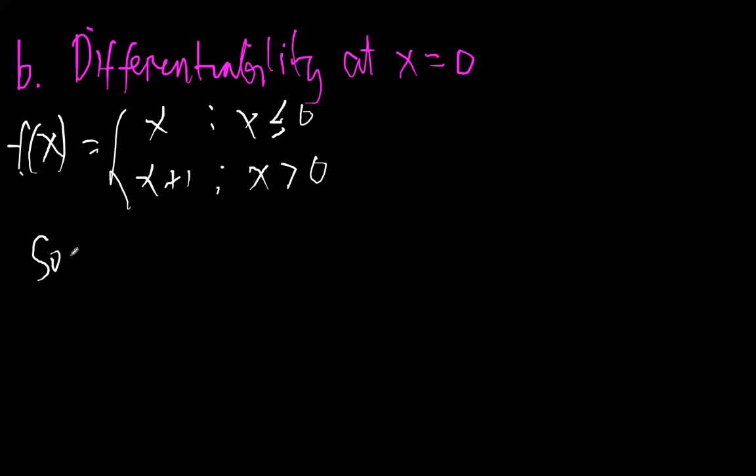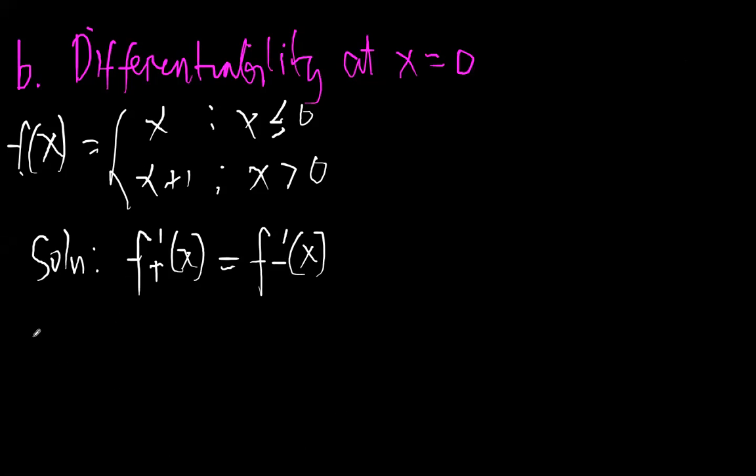Okay, so solution. Now, how do we again show that a given function is differentiable at a certain number? We're going to use the derivative on both sides, or one-sided derivative of the given function. Okay, so we need to show that f prime of x from the right is equal to f prime of x from the left. Okay, so let's do it first.